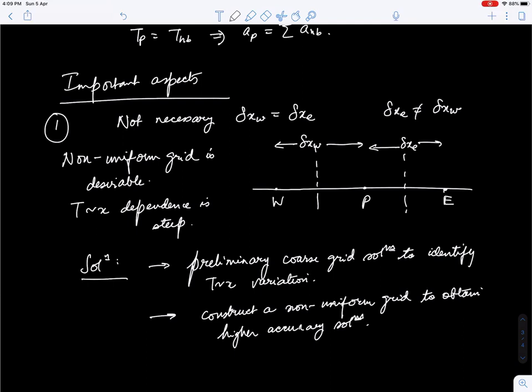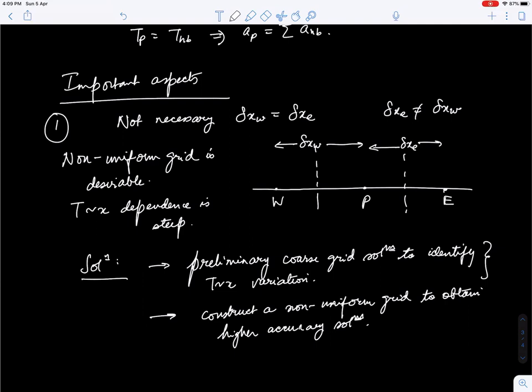This is a standard practice in all computational research, that you first obtain some understanding of how the solution would look, and then you refine your grid to be able to attain a better, more accurate and more reliable solution. Now one of the key aspects here is that if we have to make a judgment based on this coarse grid solution, it is extremely important that this coarse grid solution also be physically realistic and physically meaningful.